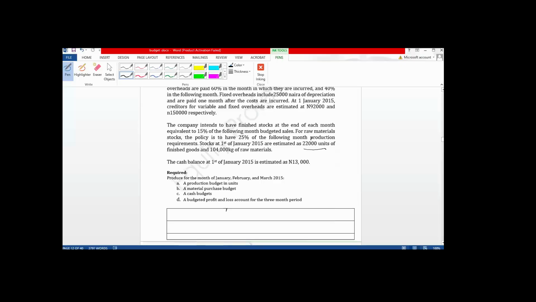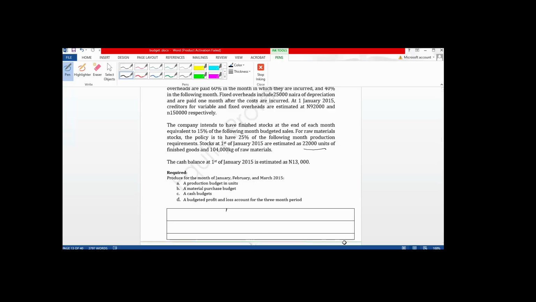For raw material closing stock, the policy is to have 25% of the following month's production requirements.